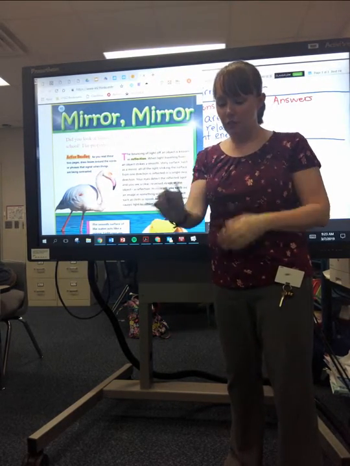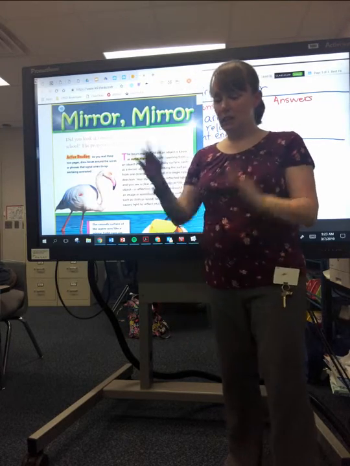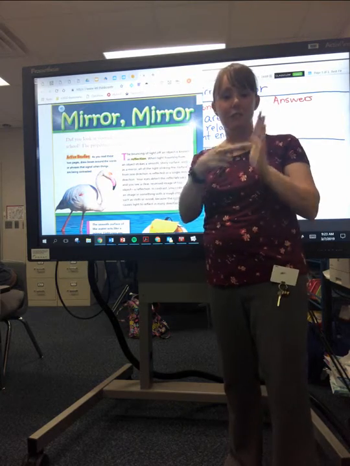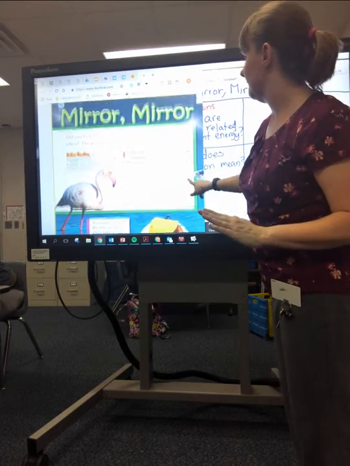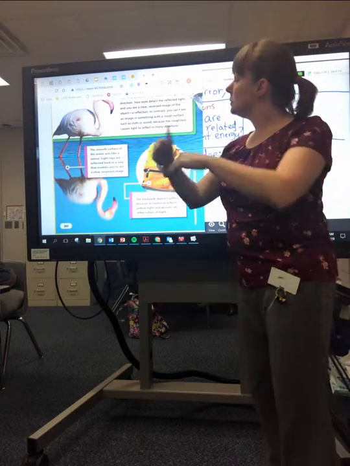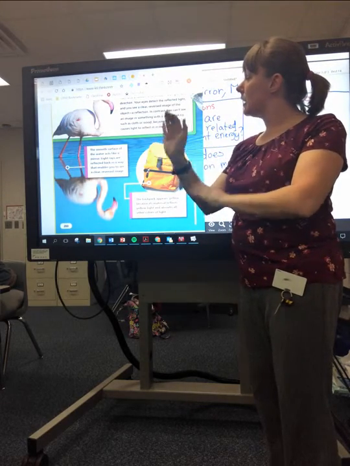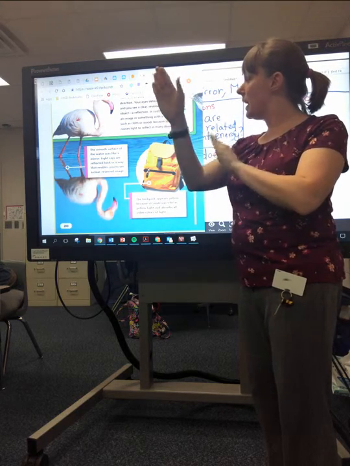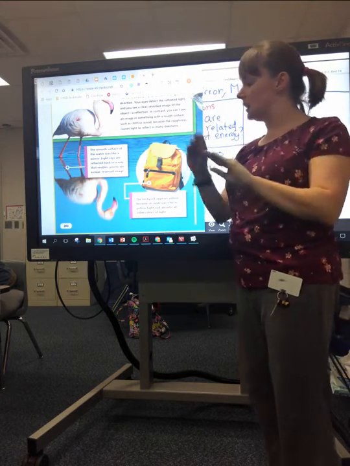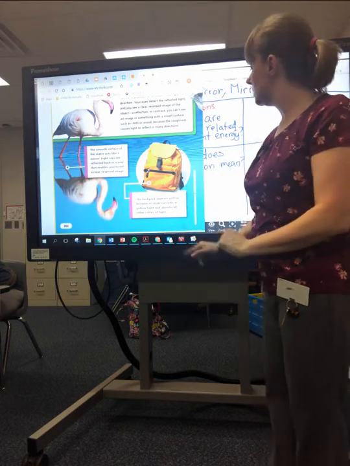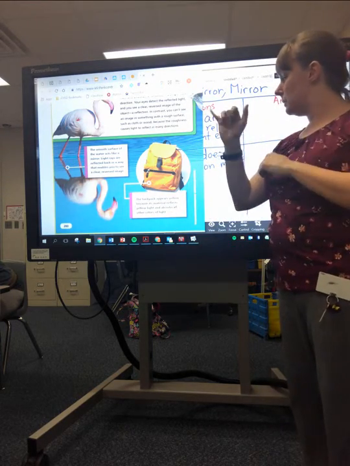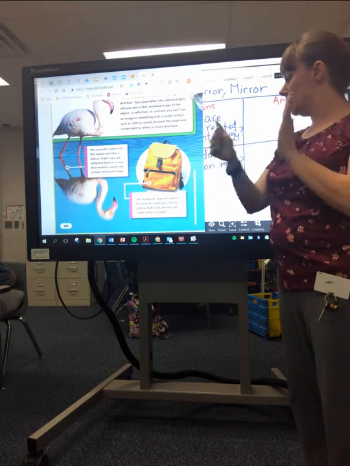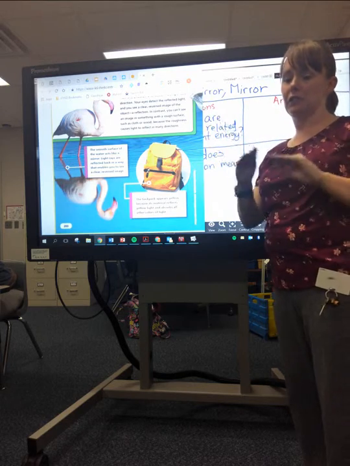But if it's rough, like the carpet, the light hits and bounces and bounces in many directions, so it doesn't reflect clearly. The smooth surface of water acts like a mirror. Light rays are reflected back in a way that enables you to see a clear reversed image. The backpack appears yellow because its material reflects yellow light and absorbs all other colors of light.